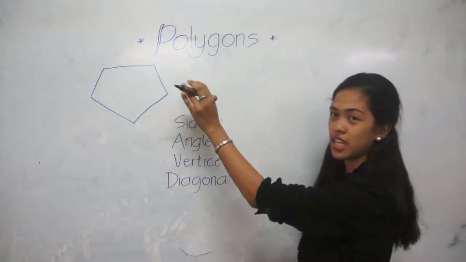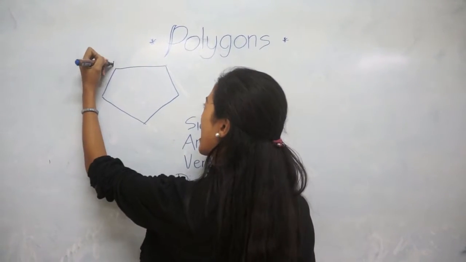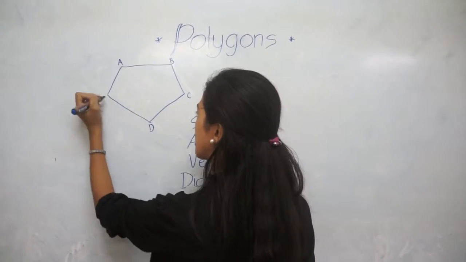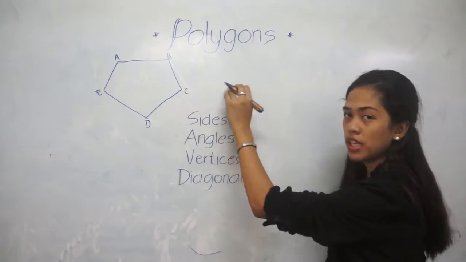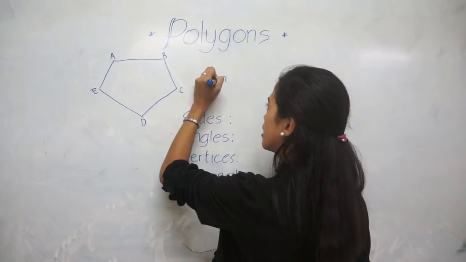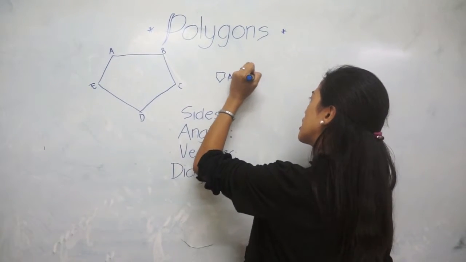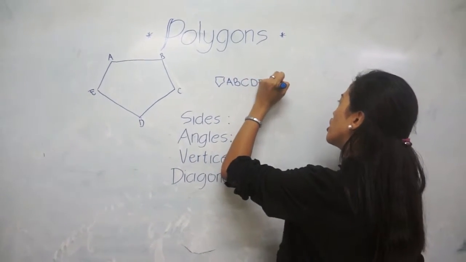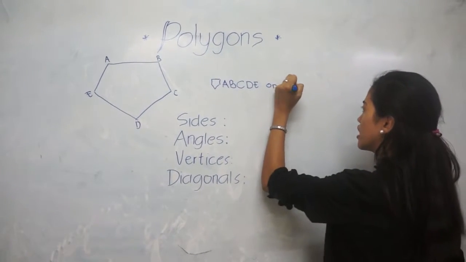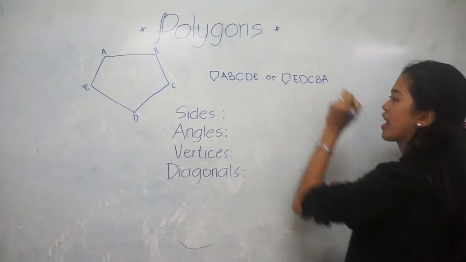So this is an example of a polygon. We label this as A, B, C, D, E. We name this polygon as polygon ABCDE, or polygon EDCBA.